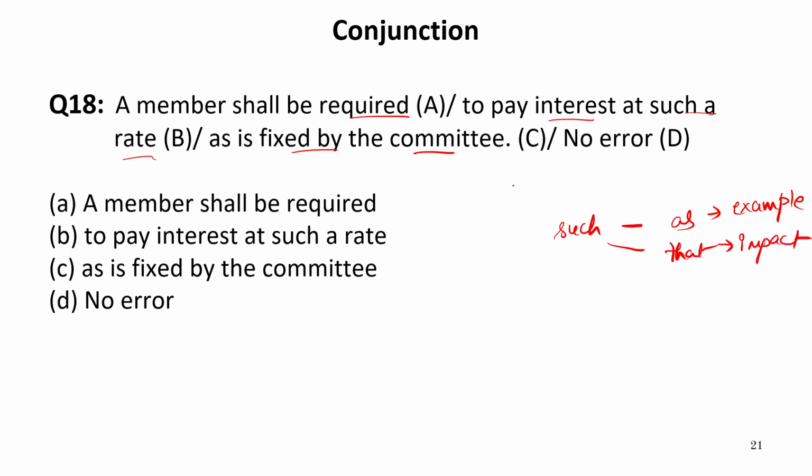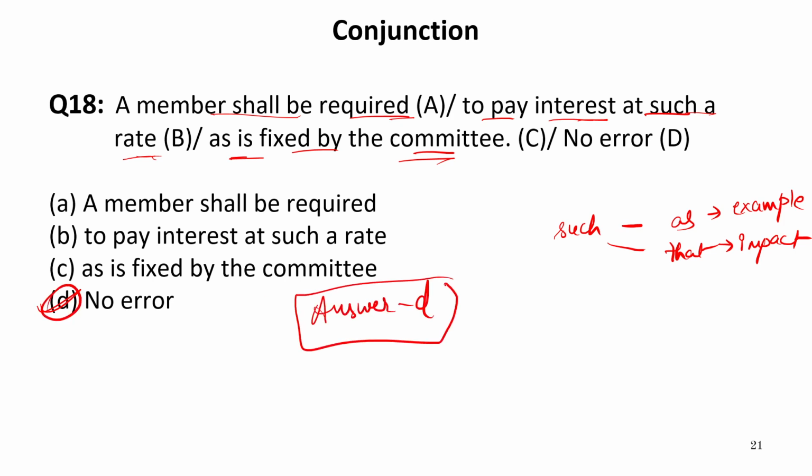Now, in this sentence, it is written, a member shall be required to pay interest at such a rate as is fixed by the committee. It means the rate which has been fixed by the committee. So this is given for the sample or the example. The entire sentence is correct again. So our answer is D, that is no error. Now let us move to the next one.